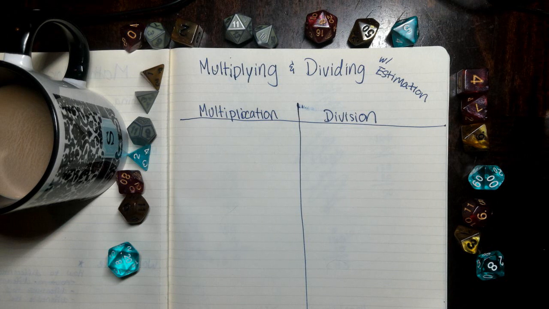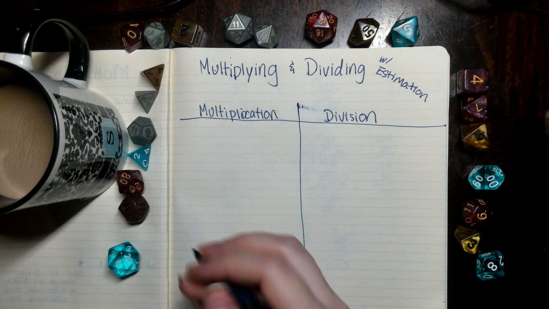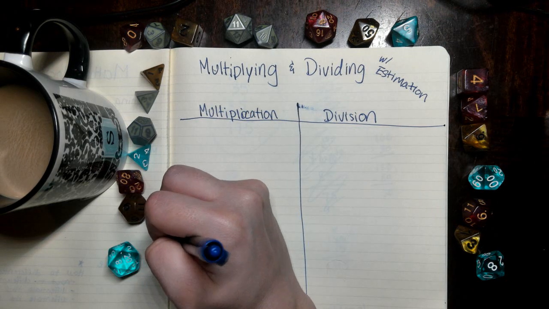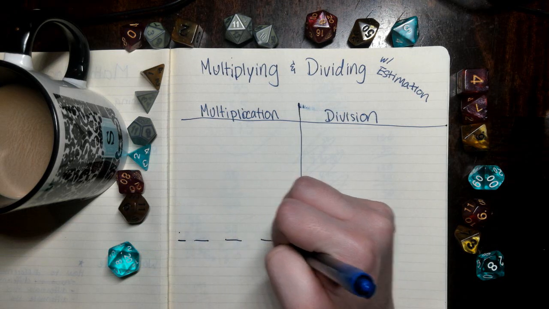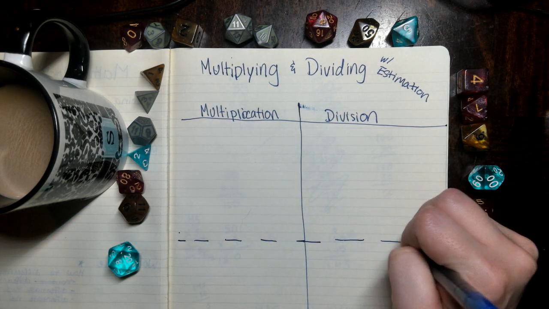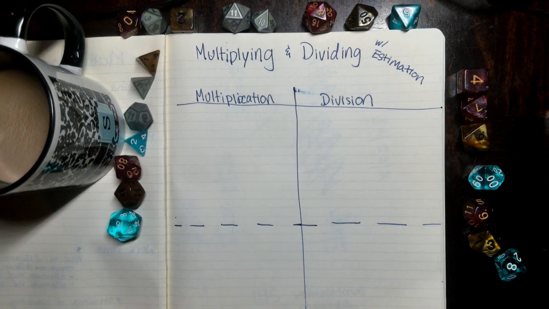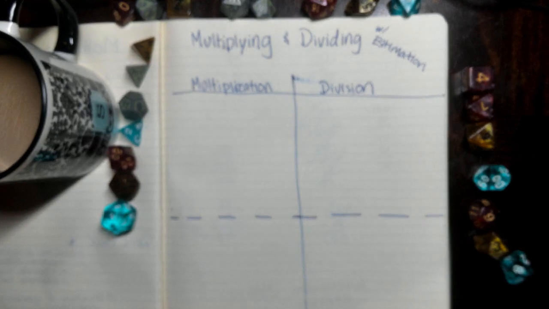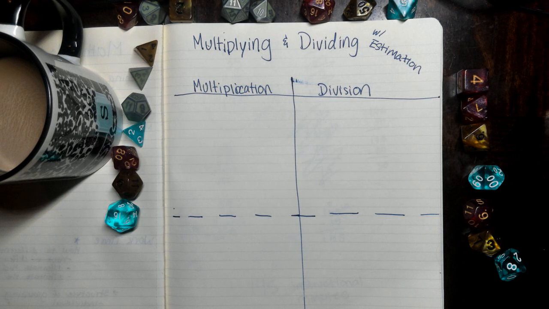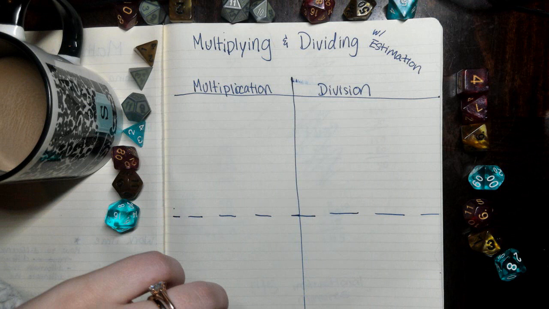And then this T-chart, we're also going to split it into two sections, so that we end up with a total of 4 sections here. Alright. So, we're going to first do the multiplication side, and then we'll do the division side.